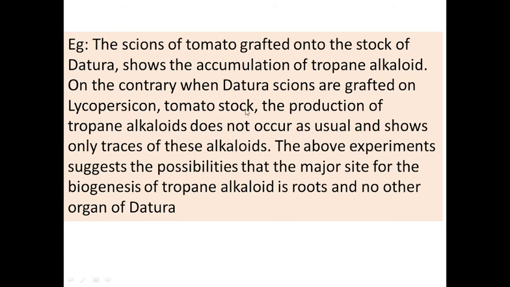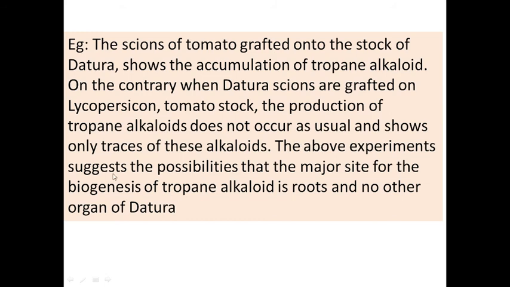The amount of propane alkaloid accumulated on the datura stalk with tomato scion will not occur when the datura scion is grafted on tomato stalk, and only traces of these alkaloids are found.